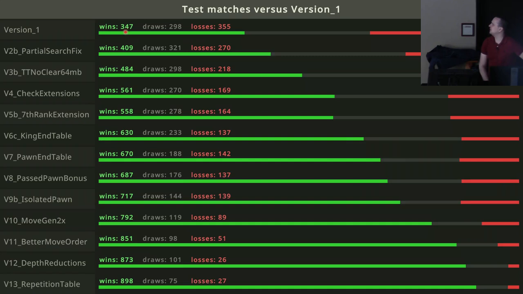So out of 1,000 games, he had 347 wins, 298 draws, and 355 losses. So approximately the same number of wins as losses, but you're also going to see a number of draws, right? So then he implements this enhancement, and this one, and this one, and all sorts of enhancements, up until the very end, where he's winning 90% of the games and drawing 7% of the games and only losing 2% of the games, right?